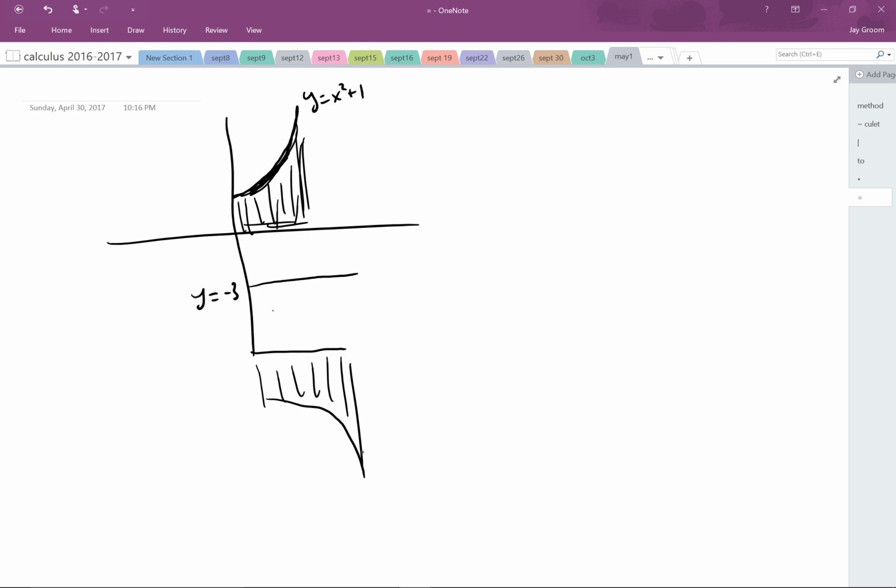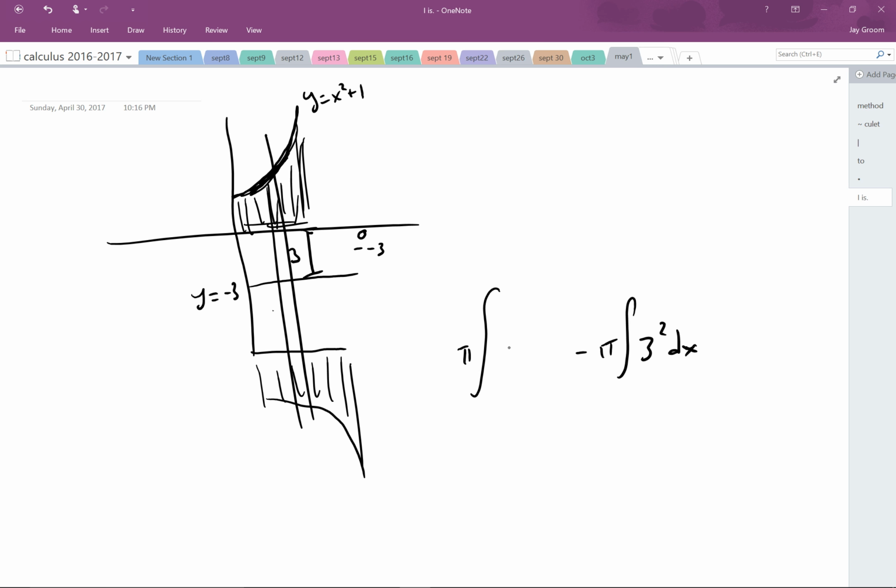The inner radius will just be 3 every time, 0 minus a minus 3. So I'm going to get 3 squared dx, because we're cutting it dx this time, and then x squared plus 1 squared dx.